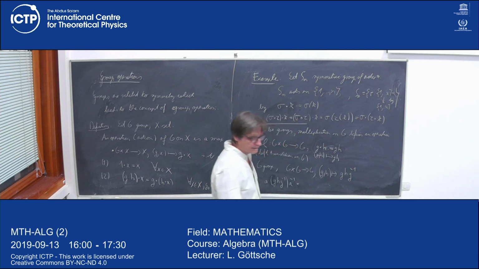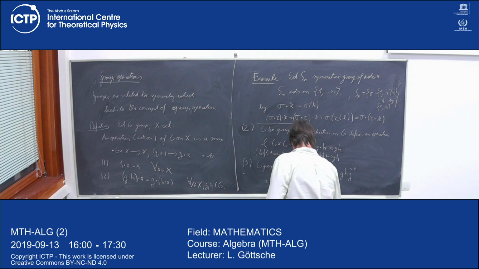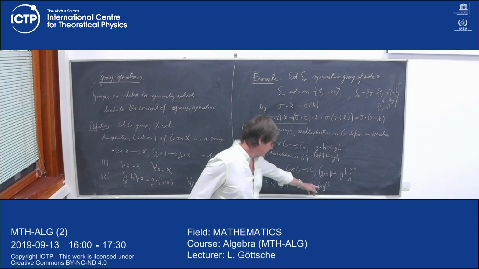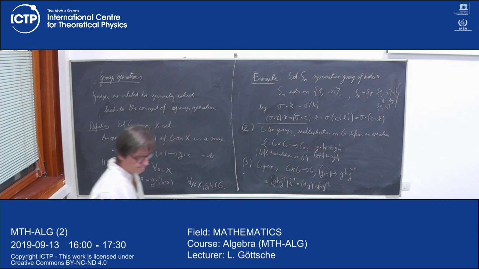This is the same as if we would do it with the product AG, H, AG to the minus 1, because the inverse of the product is the product of the inverses the other way around. And so this is also an action.